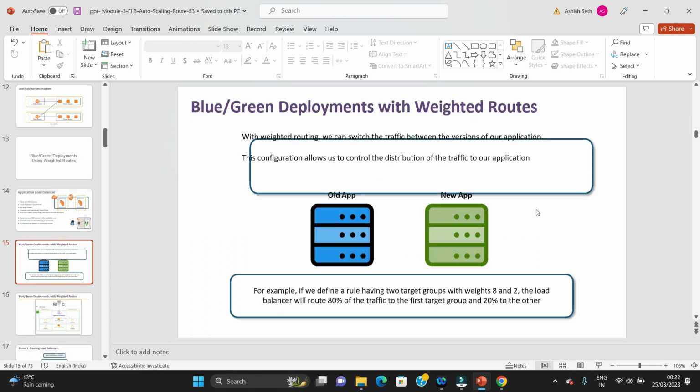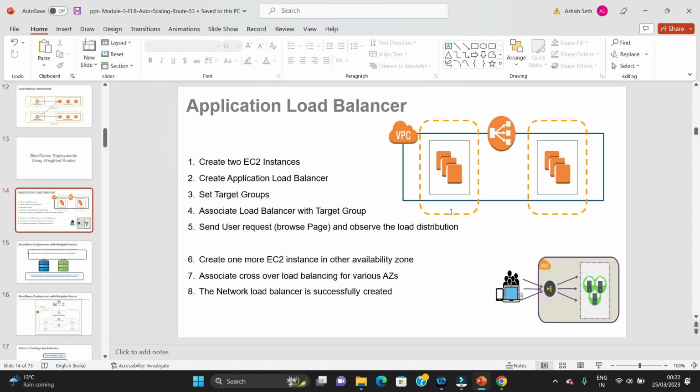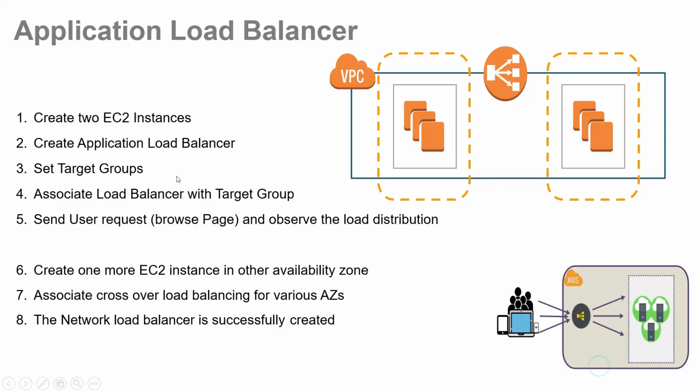So what we have seen up to now: we have created the two EC2 instances, then we have created the load balancer. We set the target groups. We have associated the load balancer with the target group, and we also sent the request from the browser. And we have observed that the load is perfectly distributed among the instances as per the criteria set, that is 75%, 25%.